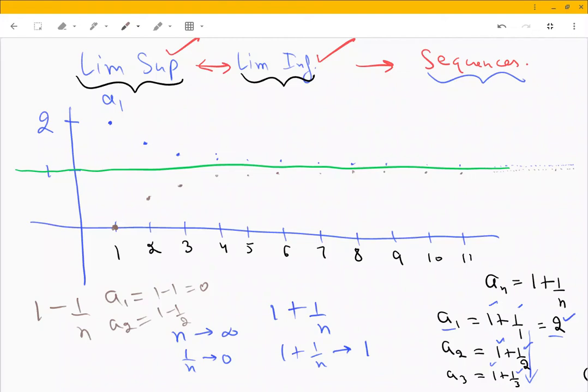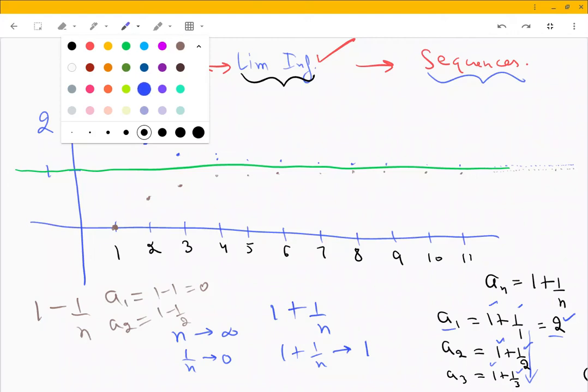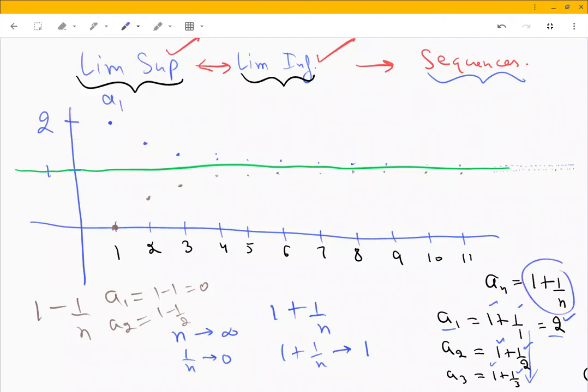And see, 1 plus 1 by n is a decreasing sequence approaching 1, and 1 minus 1 by n is an increasing sequence approaching 1. All right.